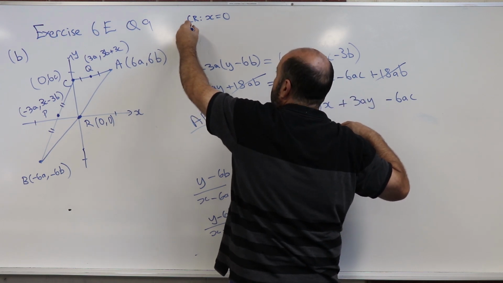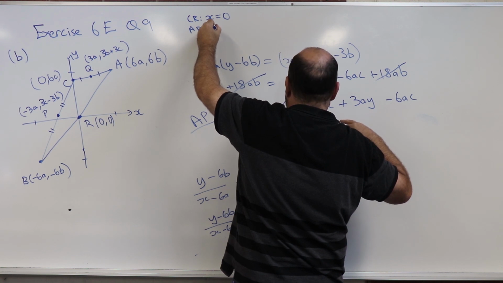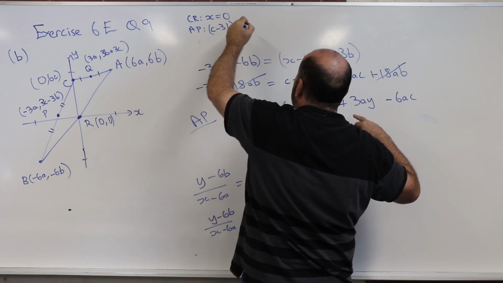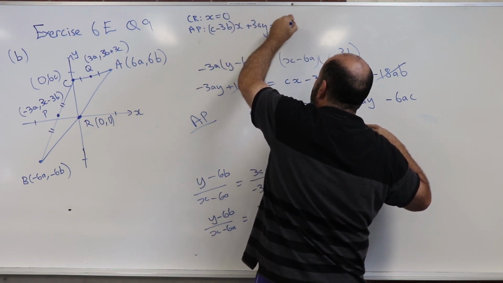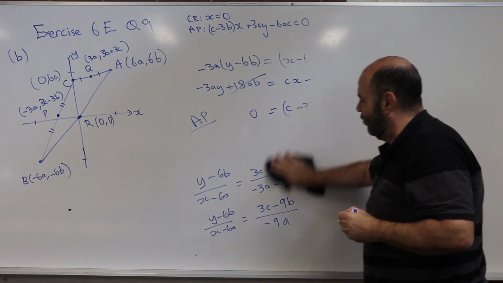AP is (c minus 3b)x plus 3ay minus 6ac equals 0. And so now we just need to find the equation of BQ.